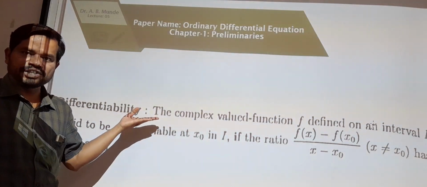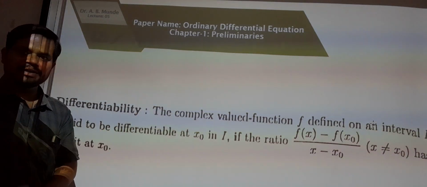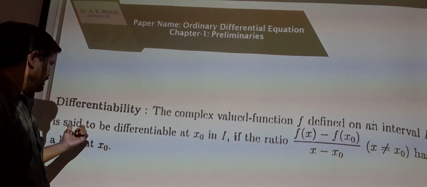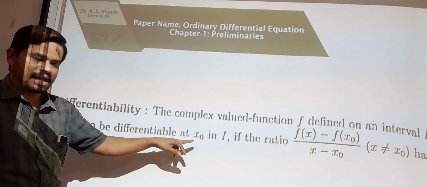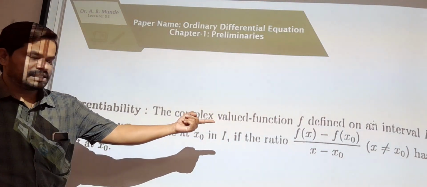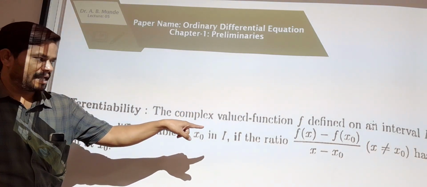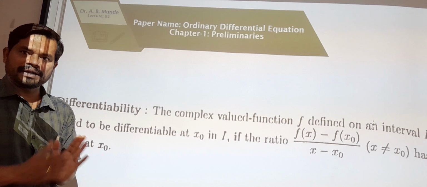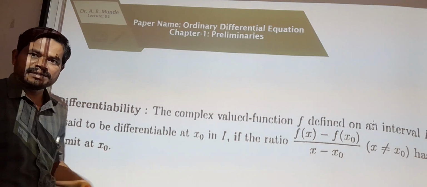Now let us see the definition of differentiability. The complex valued function f defined on an interval I is said to be differentiable at a point x0 in that interval I if this ratio, f of x minus f of x0 divided by x minus x0, where x is different from x0, has some limit at the point x0.